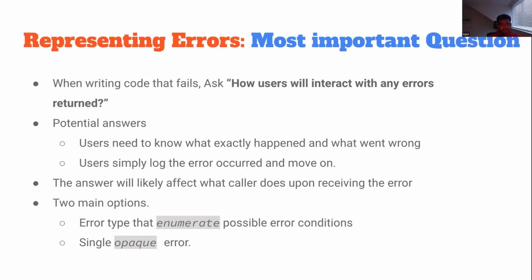The other way is you just tell them something bad happened, via what you might call an opaque error, which can be a concrete type, but it doesn't tell much about different types of errors, or give the user the control to differentiate between what happened. We'll see exactly why we need to think differently when we want to handle these two different cases.